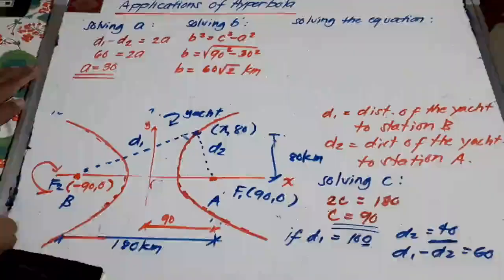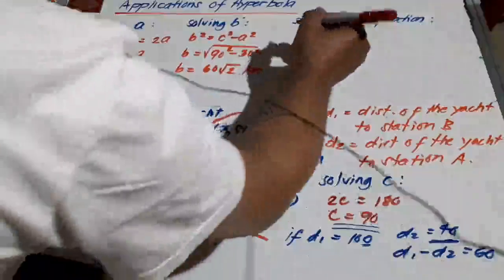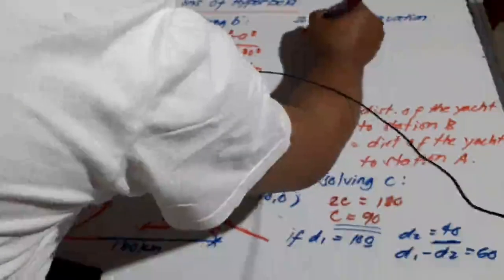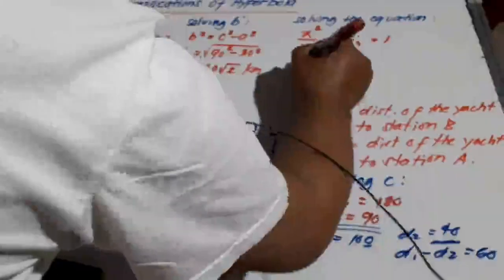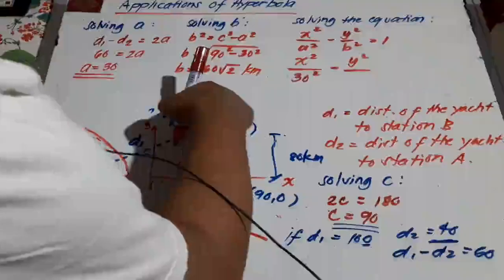So, paano masolve the equation? Transverse axis natin is along the x-axis. Therefore, the equation of the hyperbola is x squared is positive, si y squared ang negative. So, x squared over a squared, that will be 30 squared, minus y squared over 60 square root of 2 squared equals 1.